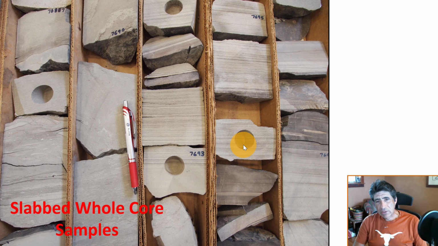And why? Because you are going to take those plugs and do laboratory measurements for porosity, permeability, capillary pressure, electrical resistivity, relative permeability, sometimes even for geomechanical properties, for a number of things. And then those measurements constitute the basis of the reality checks that we do when interpreting or complementing well logs with that.